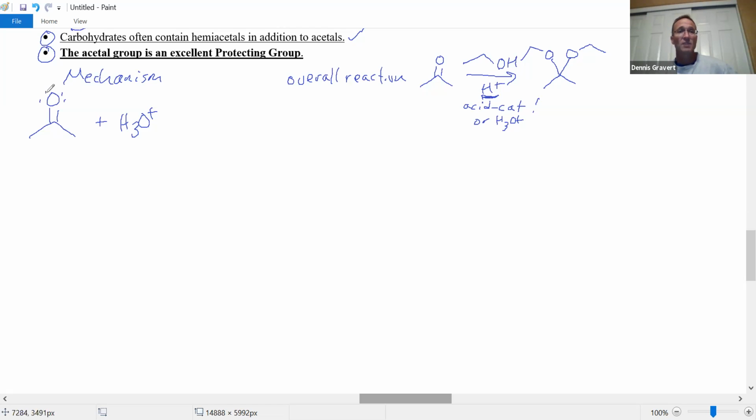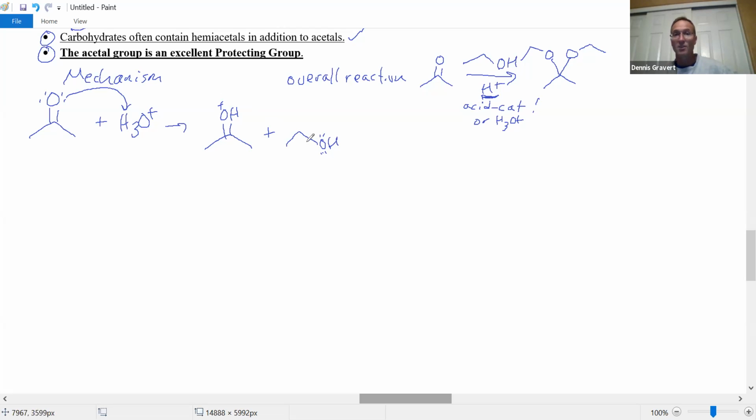So in hydration, strong acid reacts first, H plus. The lone pair goes and picks up the H plus. That activates the carbonyl group, makes it more reactive towards a weak nucleophile. Alcohols are weak nucleophiles. So is water. They need some help, some encouragement.